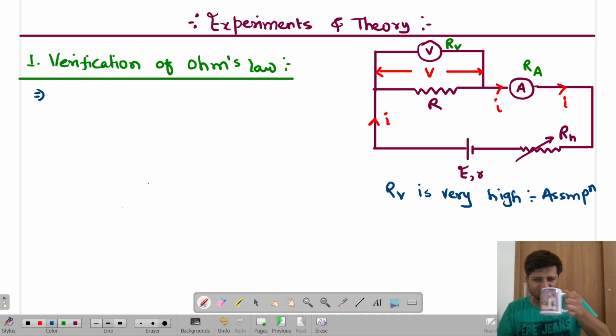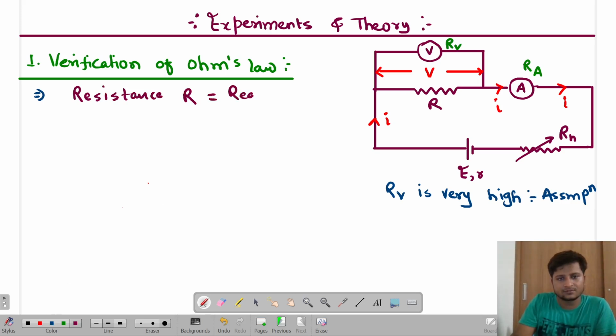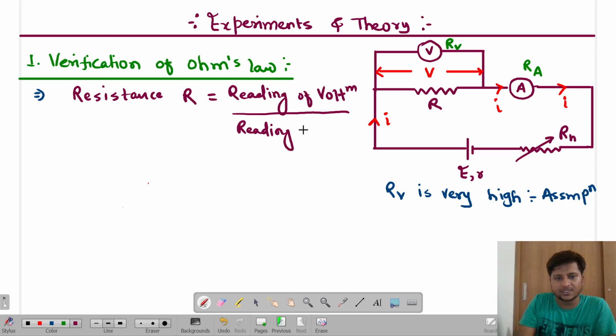So what will be the resistance R? According to Ohm's law, we follow that V is equal to IR, isn't it? So if I ask what is my resistance R, it will be equal to the reading of the voltmeter divided by the reading of the ammeter.